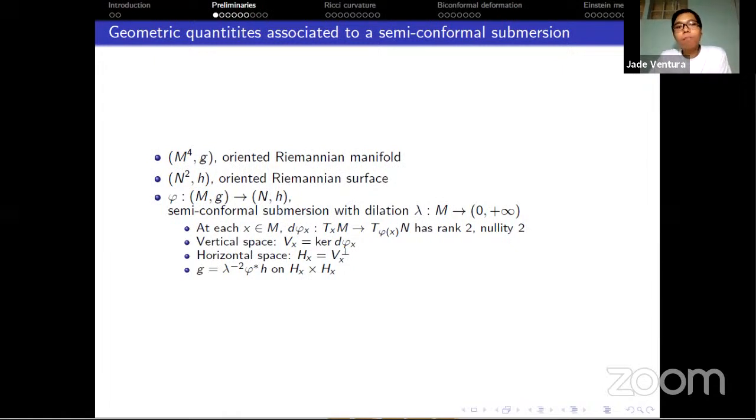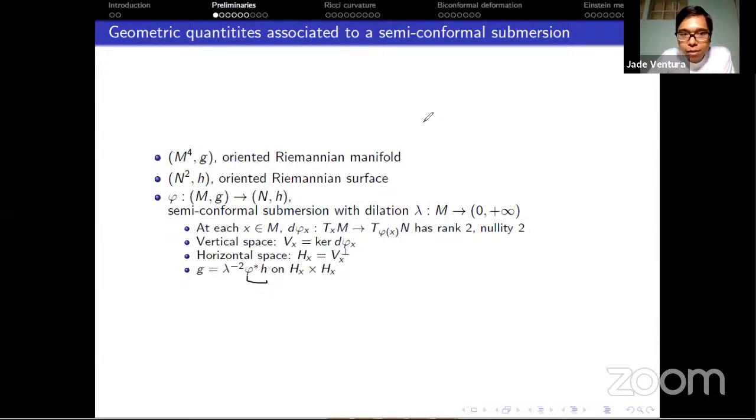The semiconformal submersion condition means that G is equal to that expression, where phi star H, H being the metric on the target manifold, phi star H is the pullback of that metric.